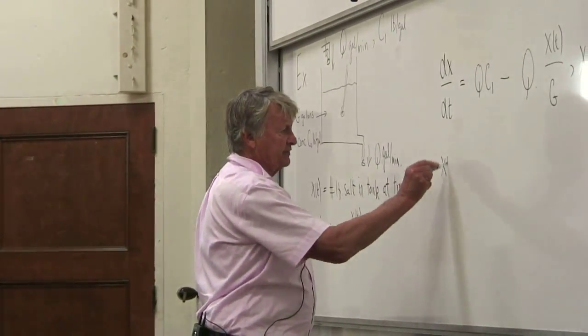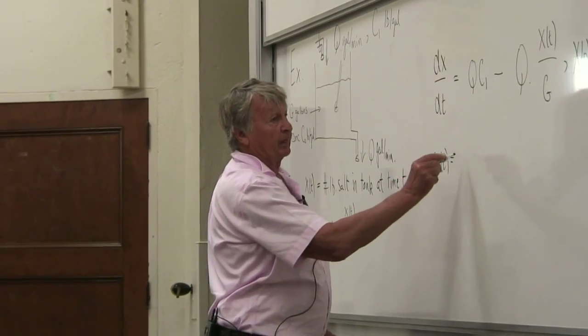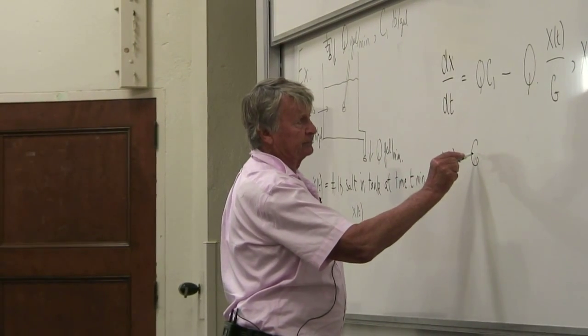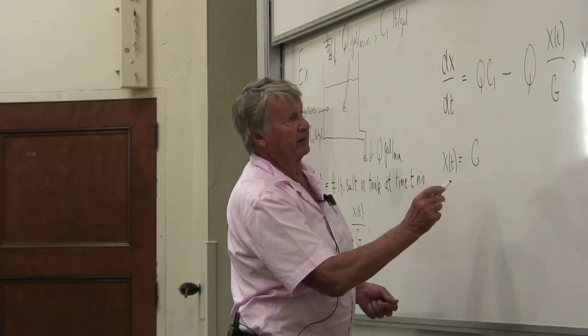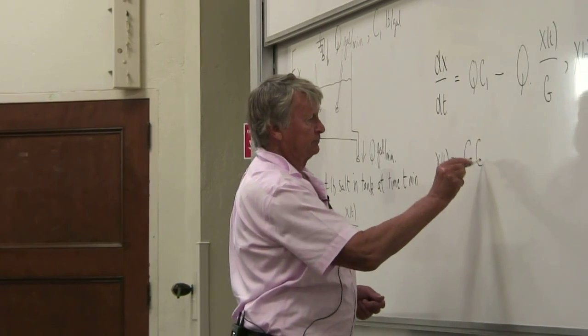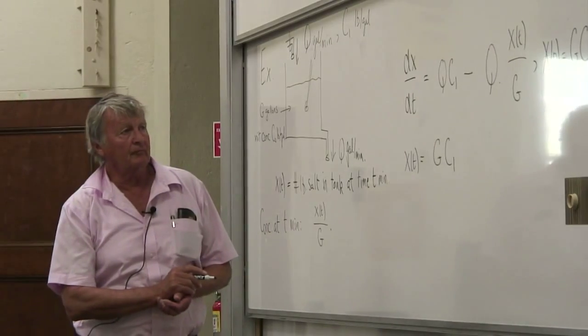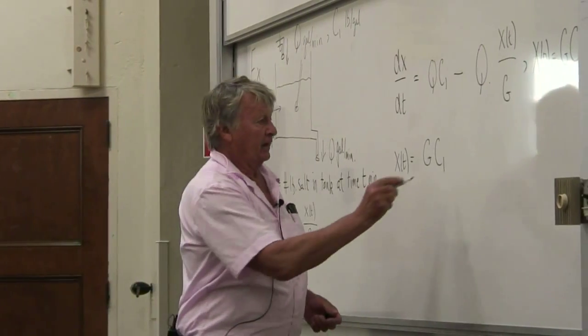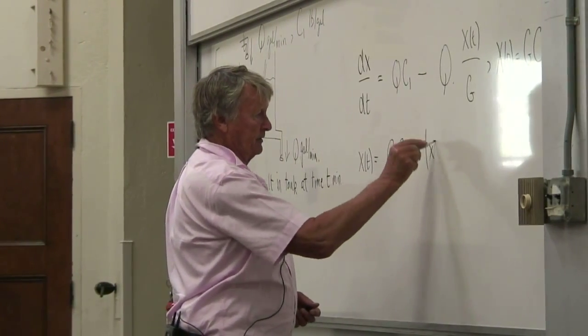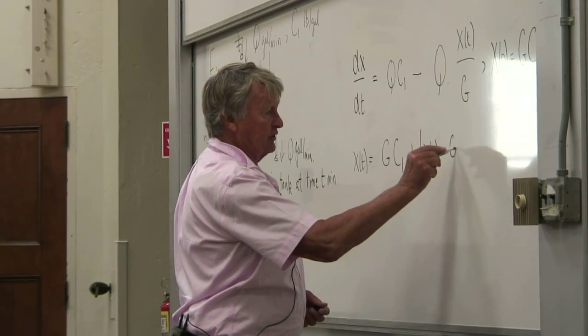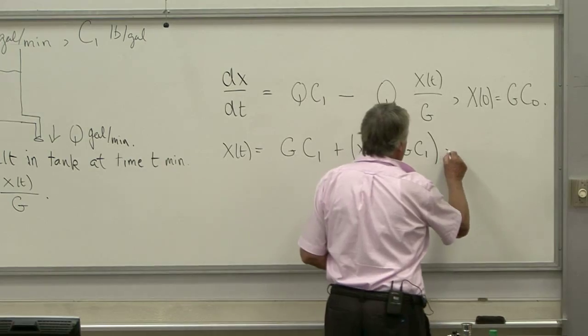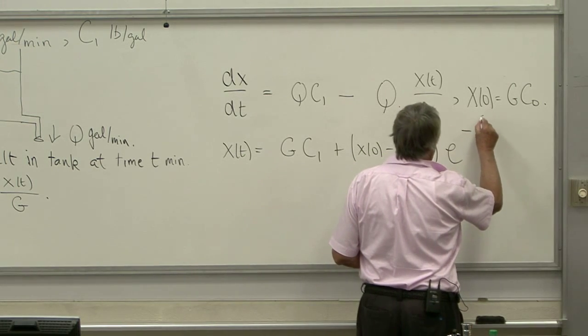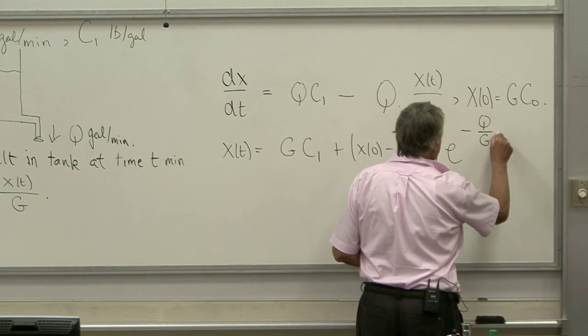The answer is x of t will be g times c1, plus x of naught minus g times c1, times e to the minus q over g t.